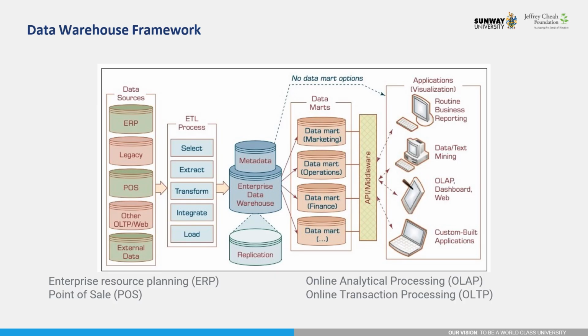All the data goes to the end users, where we can display it on dashboards and people can take decisions. For example, Sunway University uses data warehouses, and our systems, eLearn and iZone and all others, are integrated in one place. If I want to send an assignment to a class, the students can receive it in one click.